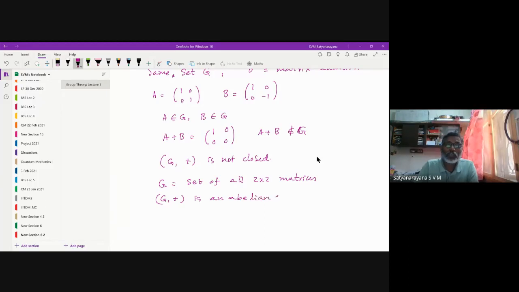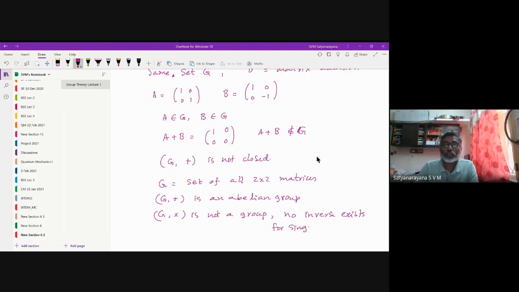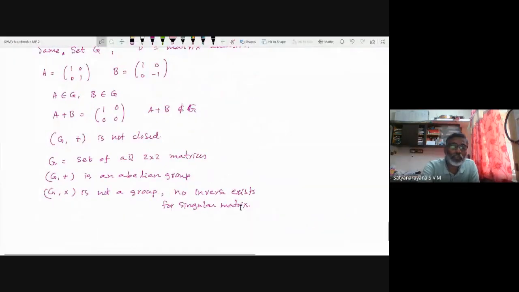Then it is correct. But G with matrix multiplication is not a group. Why is it not a group? Because no inverse exists for singular matrices. You can define the identity, but you cannot define the inverse. So it's not a group.